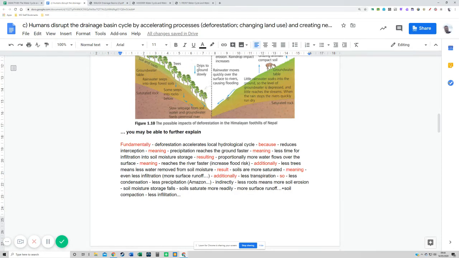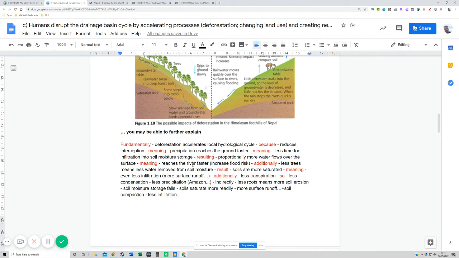So if interception is reduced, water hits the ground faster, it means there's less time to infiltrate, so more of the water will flow over the surface, which is what is meant by proportionally more of the water flows over the surface. And that means it will reach the river quicker, because surface runoff is a much faster route to the river than sinking into the soil and flowing slowly through throughflow within the soil.